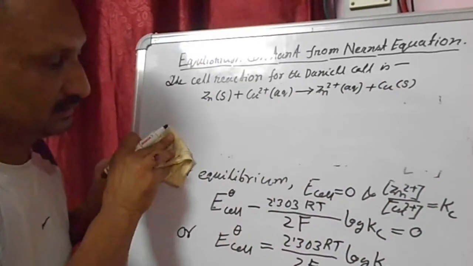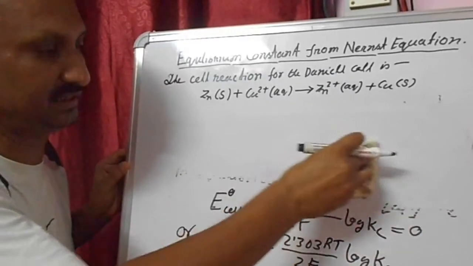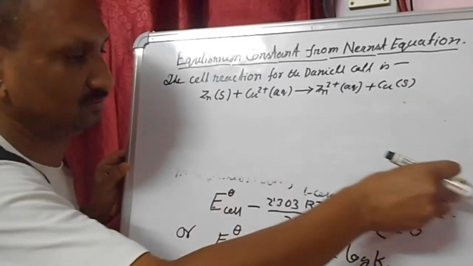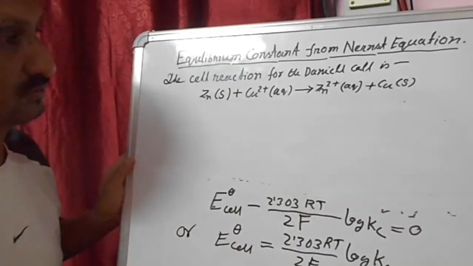Now E standard cell for the Daniell cell is already known, that is 1.1 volt.